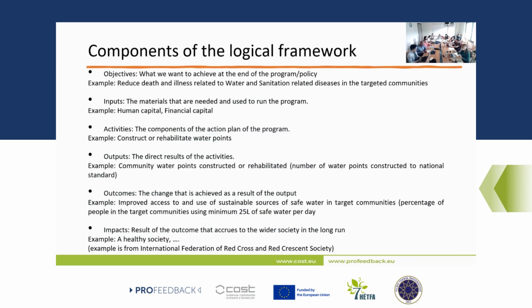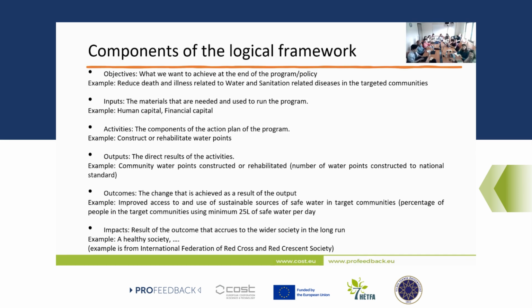Let's get a little more understanding of the definitions and be clearer in our minds. Objectives are what we want to achieve at the end of the program. For example, reduce illness that occurs due to poor sanitation. Because it is a problem that we want to solve. This is the ultimate objective. These objectives can have sub-objectives, of course.